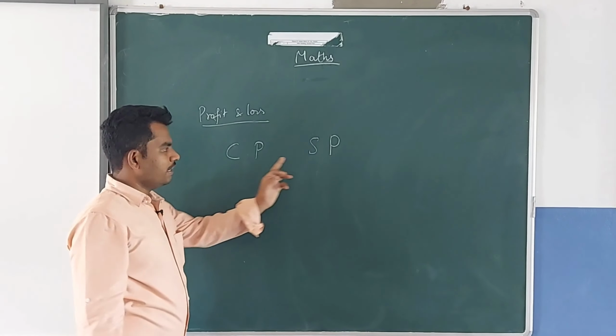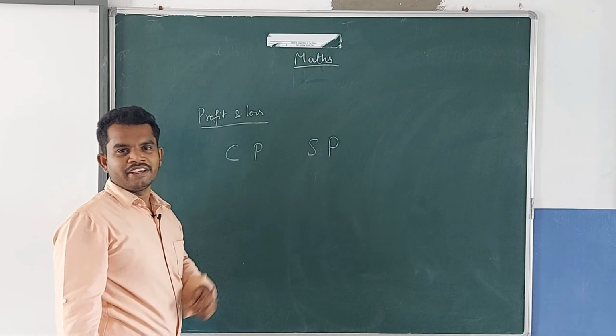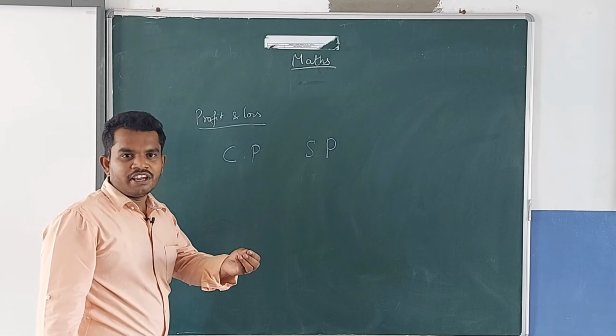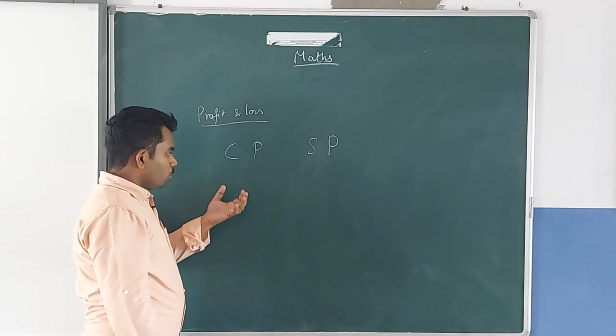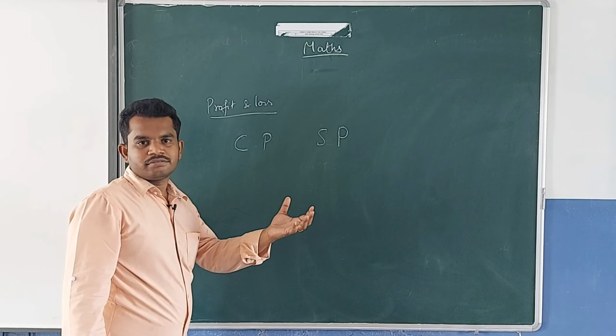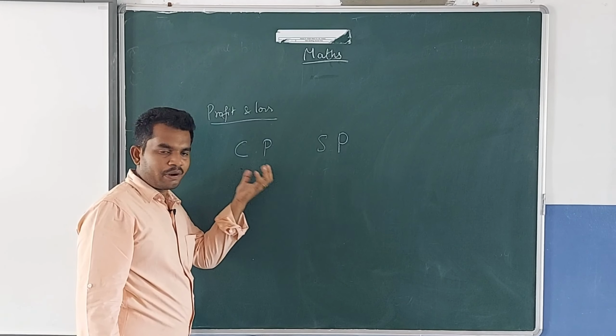What is CP and SP? CP is cost price. Cost price means what? An article is bought. ஒரு பொருளை வாங்கும்போது அந்த உண்மையான ரேட், அதை வாங்குறதுக்கு உண்மையான ரேட் வந்து என்னது, அது வந்து நம்ம என்னென்னு சொல்லுவோம், காஸ்ட் ப்ரைஸ்.